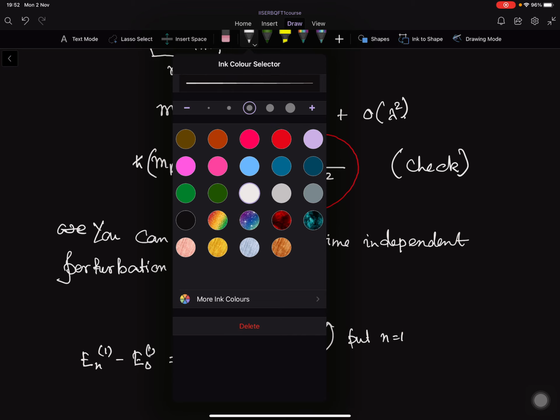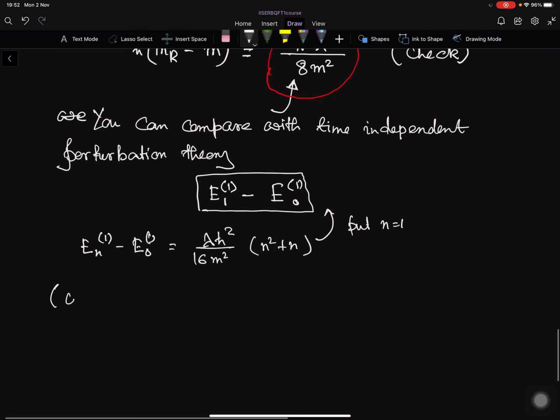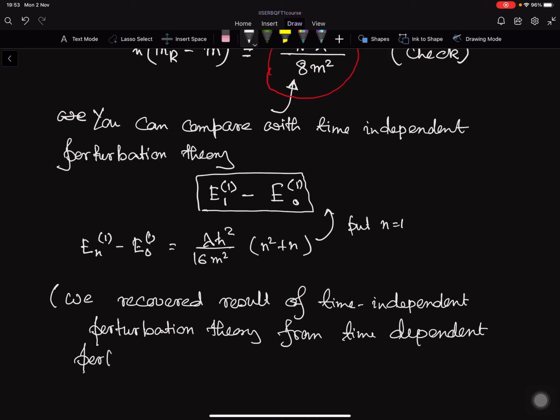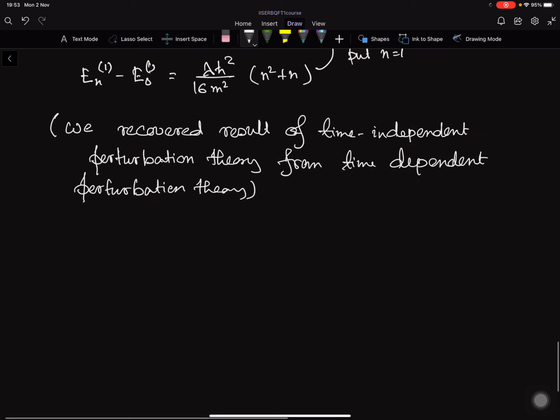So this is one explicit demonstration that we recovered the time independent perturbation theory result from time dependent perturbation theory.